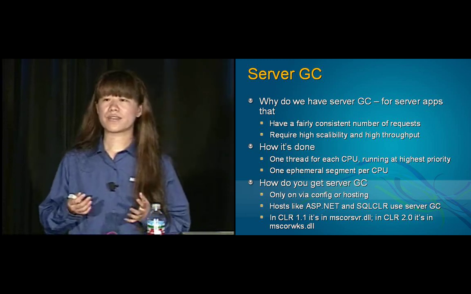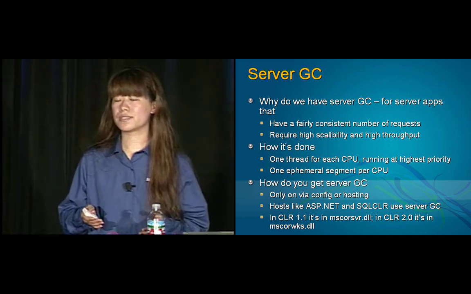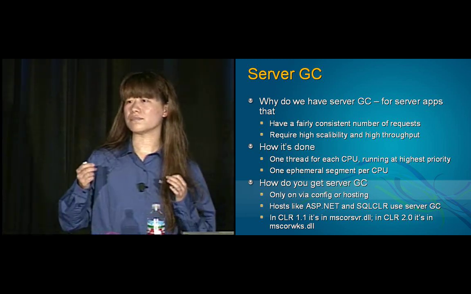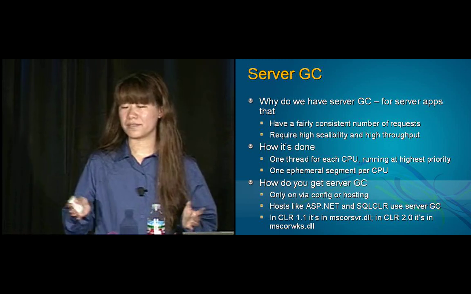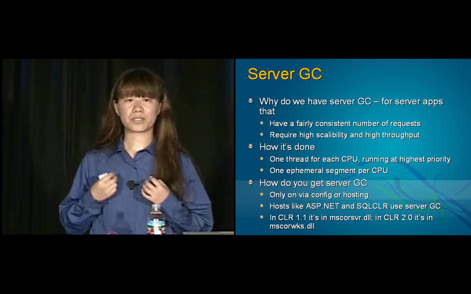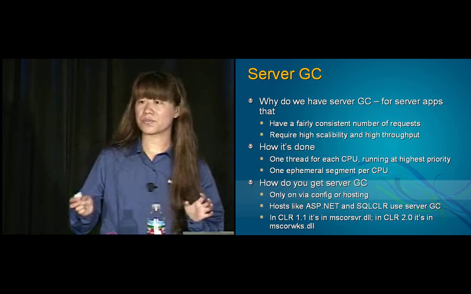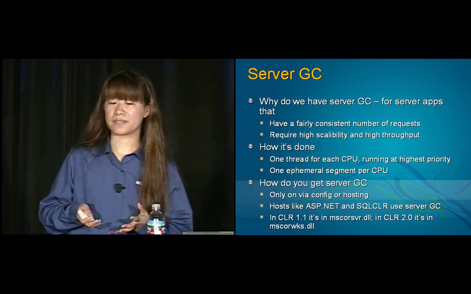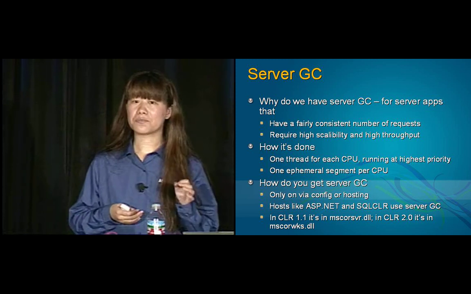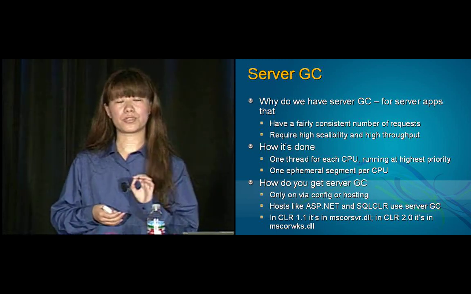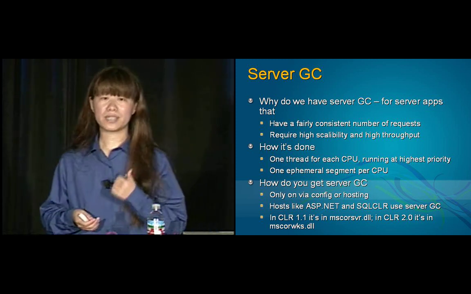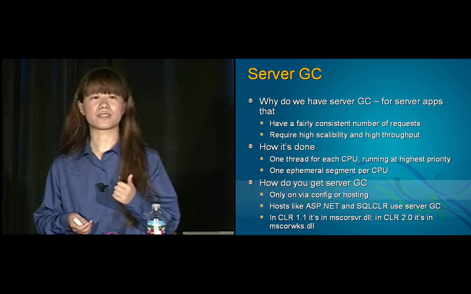So to achieve the high scalability and throughput, server GC is done in a different way from workstation GC, in that we create one GC thread for each CPU. And these GC threads all run at the highest priority. And we also have one heap per CPU. So each GC thread actually handles its own heap.